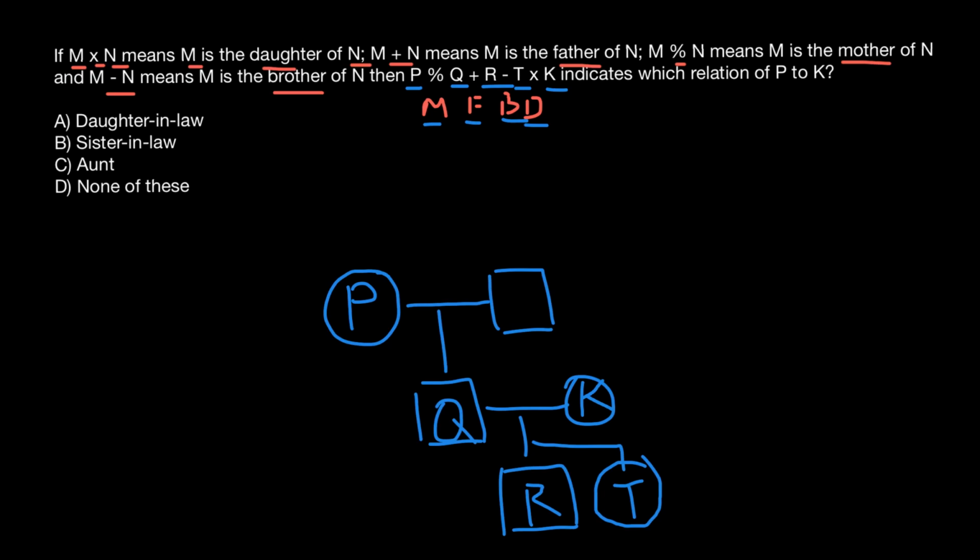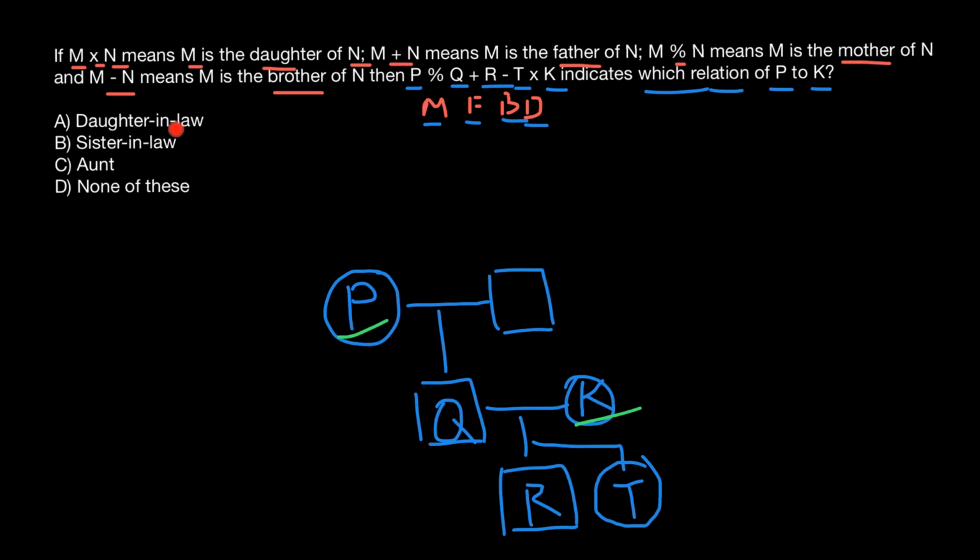And now we have to find which indicates which relation of P to K. Here is P, here is K, and as you see, P would be mother-in-law of K. Again, P is the mother of Q, and Q is married to K, so P would be mother-in-law of K. Do we see such an answer?